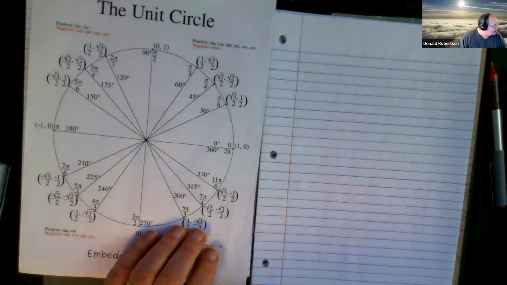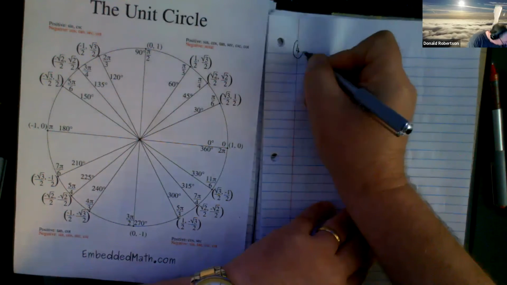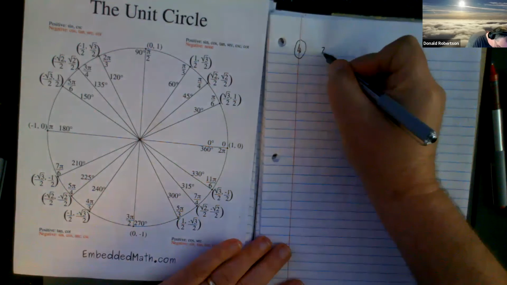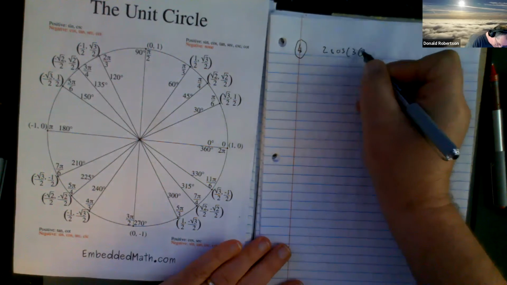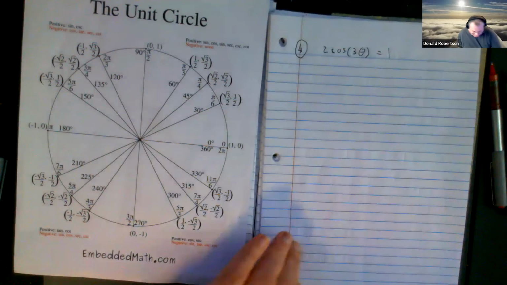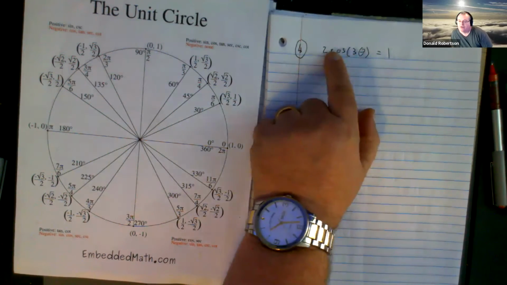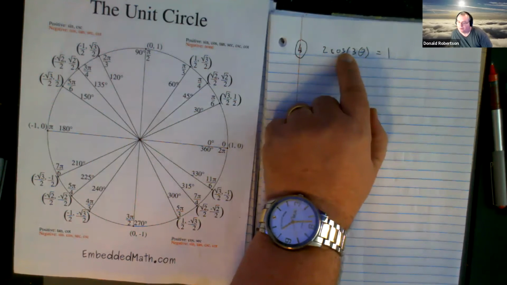Okay, here's the first one of our questions where we actually have to pay attention to the period of the original question. Before I even solve this equation, do you know what it says? The cosine of 3 theta, you see it?